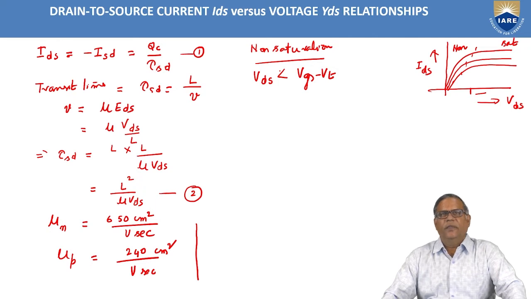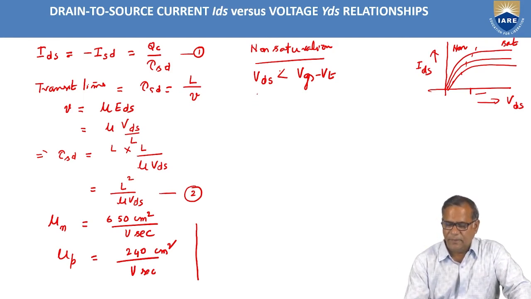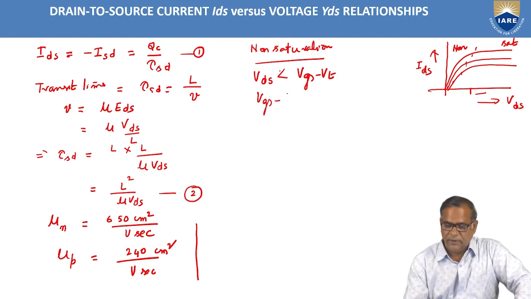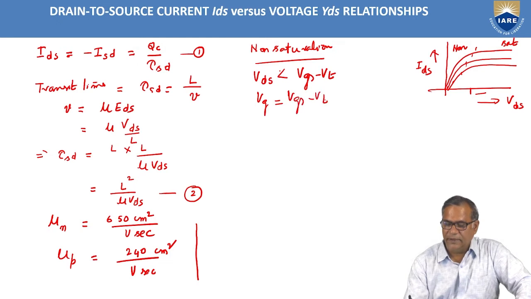Also we can say the minimum voltage to form the channel in enhancement N MOSFET is called the threshold voltage. So what is the effective gate voltage? The effective gate voltage VG is equal to VGS minus VT.